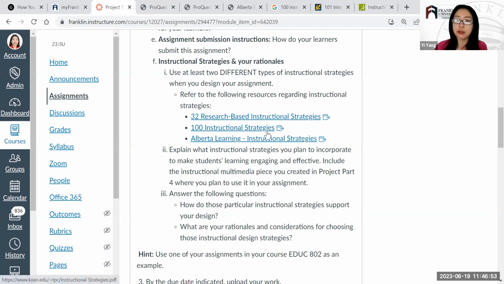You can choose any two instructional strategies in those three articles. There are tons of instructional strategies you can choose from. So this is practice for you to identify what proper instructional strategy should be used for this assignment.